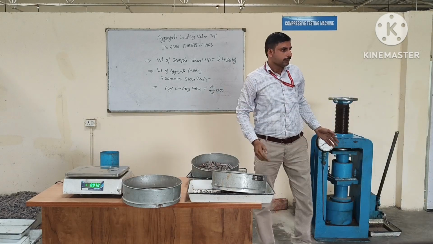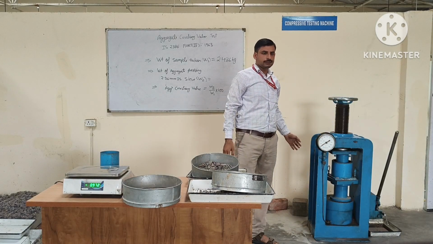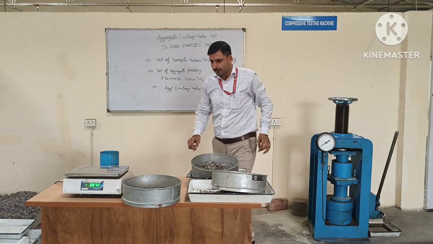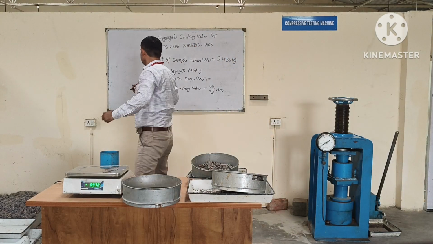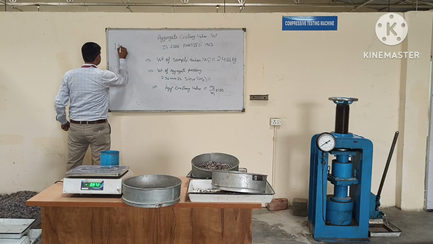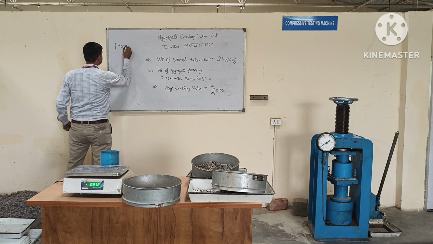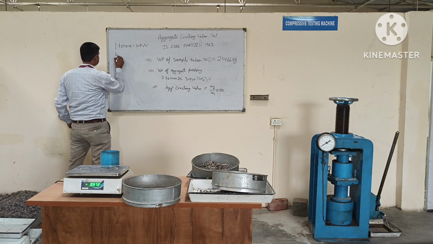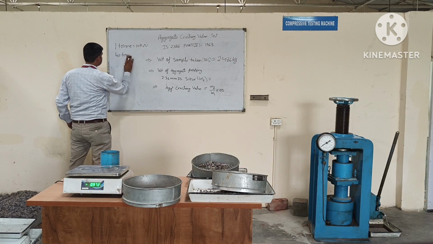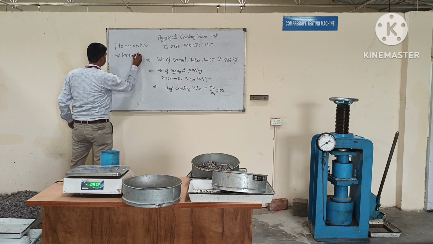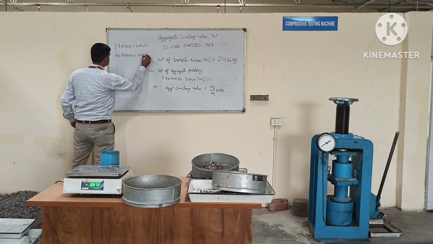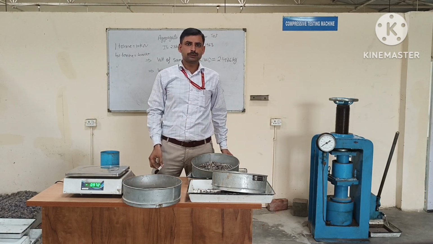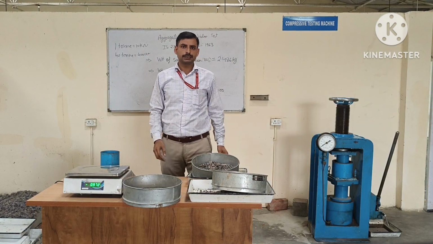Now put this in the pressure testing machine and apply the load up to 40 tons. We know 1 ton is equal to 10 kilonewton, so we apply 400 kilonewton load.